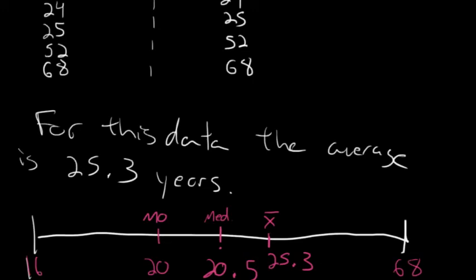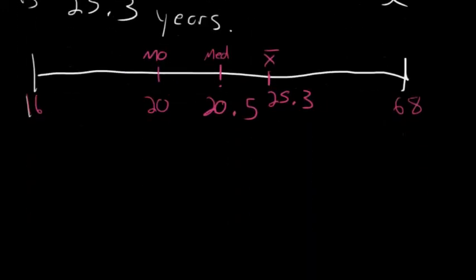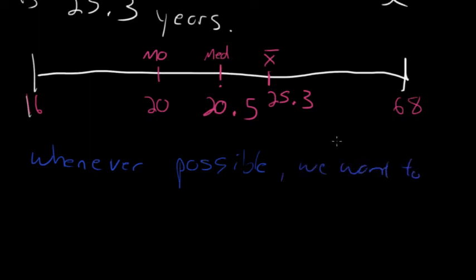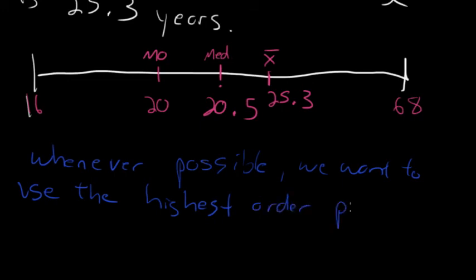Hard to say. Here's the rule, and this is a pretty good rule. Whenever possible, we want to use the highest order possible. Now, what this means is usually it's going to be the median.